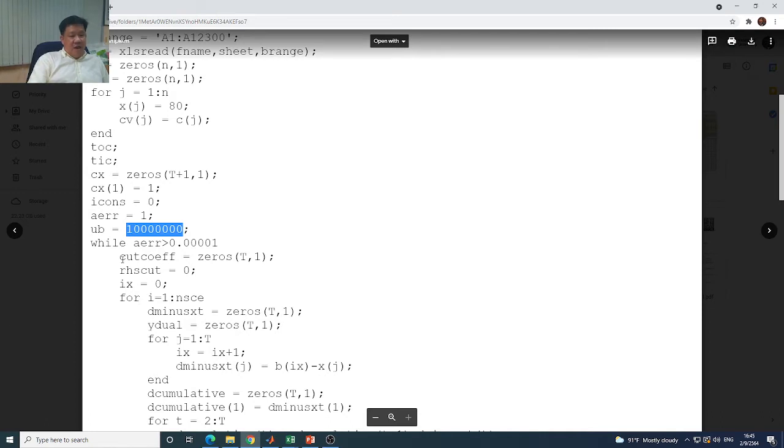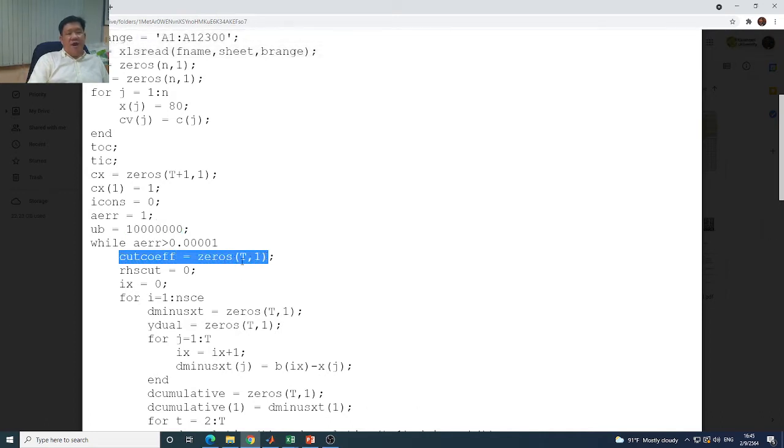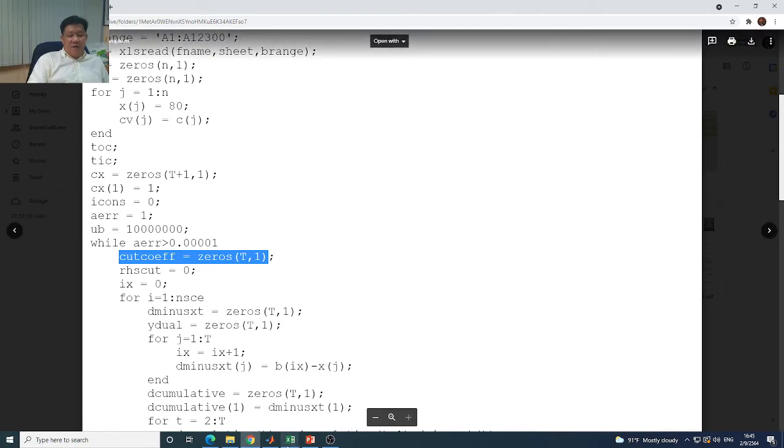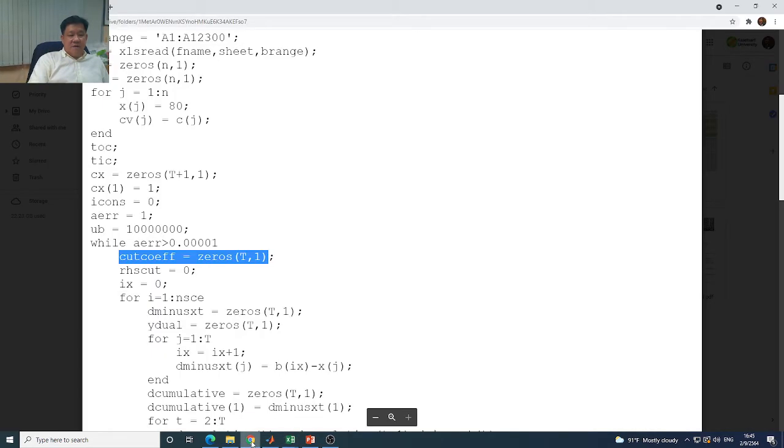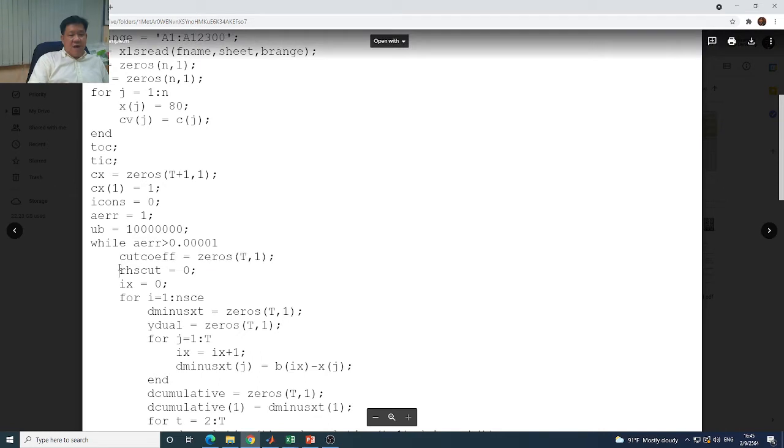This is the cut coefficient constraint, certainly only the t variable. This cut coefficient is a space similar to what we did here. This is the cut coefficient here, and as I said, the right hand side of the cut certainly starts with 0.